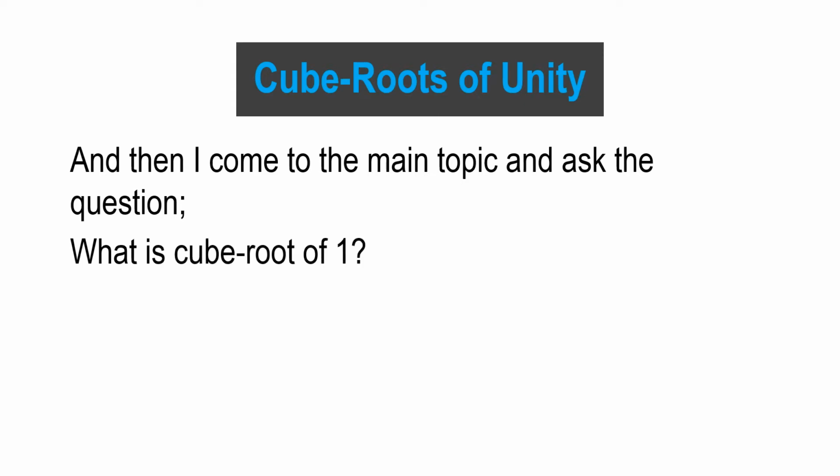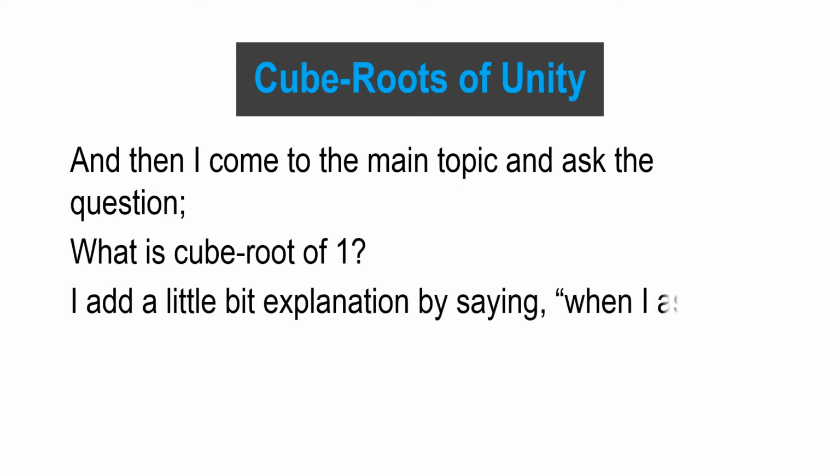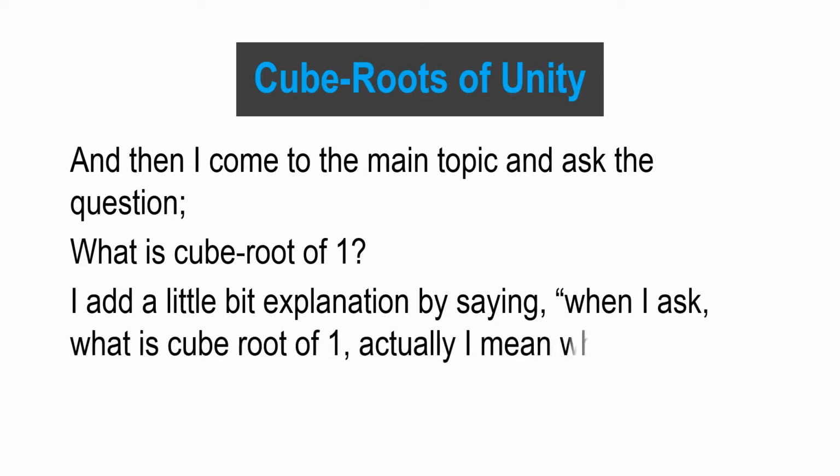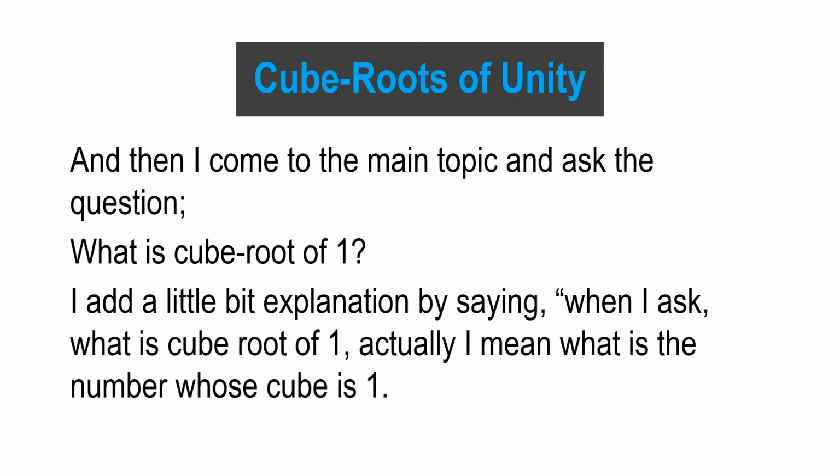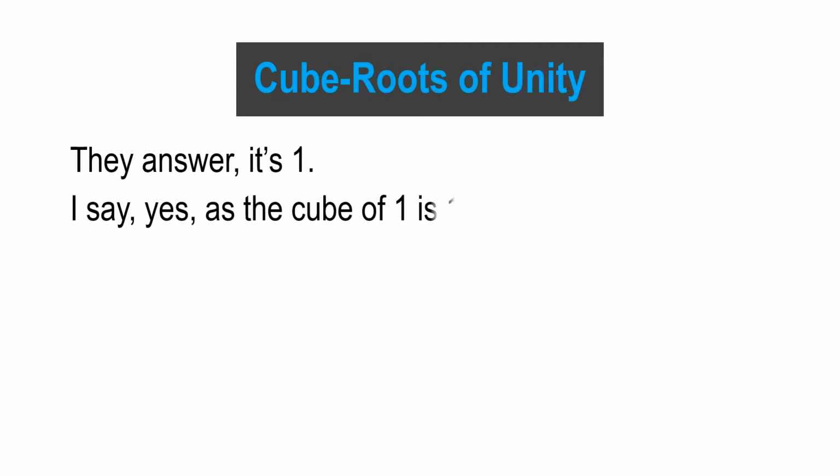And then I come to the main topic and ask the question, what is cube root of 1? I add a little bit of explanation by saying, when I ask what is cube root of 1, actually I mean what is the number whose cube is 1. They answer, it's 1.